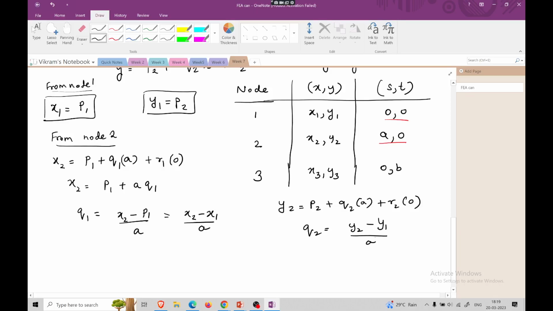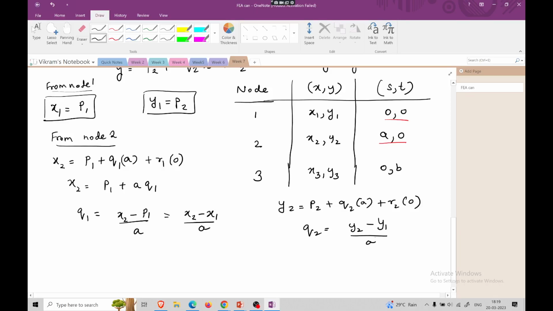So I got two more terms. From this we have got p1 and p2, and q1 and q2. The next remaining are r1 and r2.